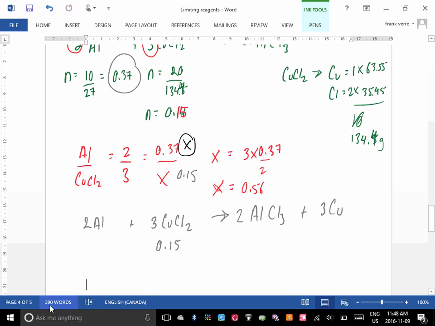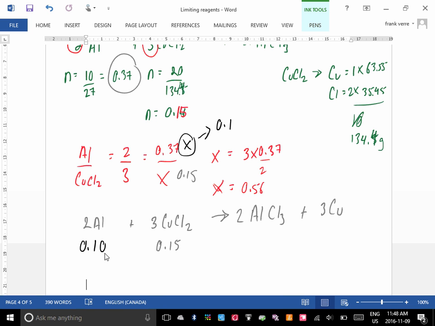The ratio is 2 to 3, right? So think numbers. Instead of 0.15, think of it as 15. What would 2/3 of 15 be? It would be 10. So you would need 0.1 moles of aluminum, because 0.1 is exactly 2/3 of 0.15.